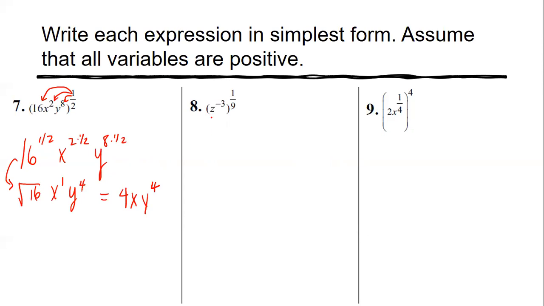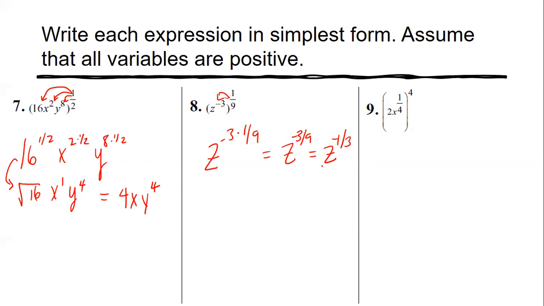All right, let's look at 8. I'm going to do power rule again. So I have z to the negative 3 times 1/9 gives me z to the negative 3/9, which simplifies down to z to the negative 1/3.